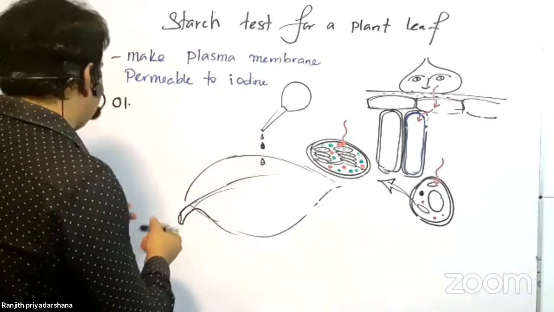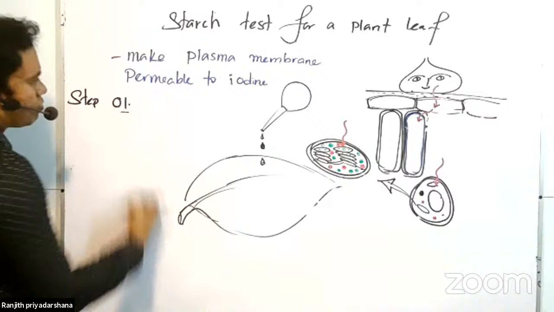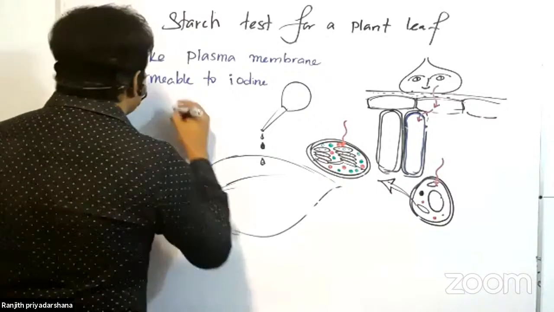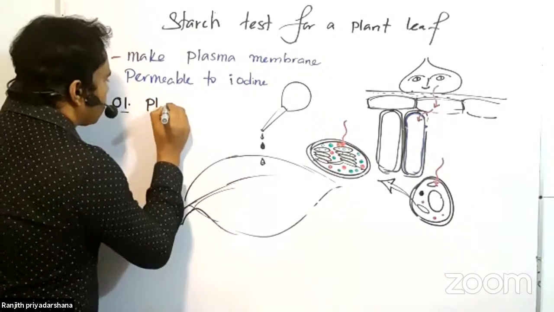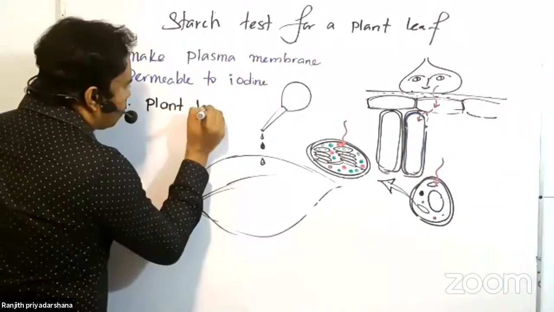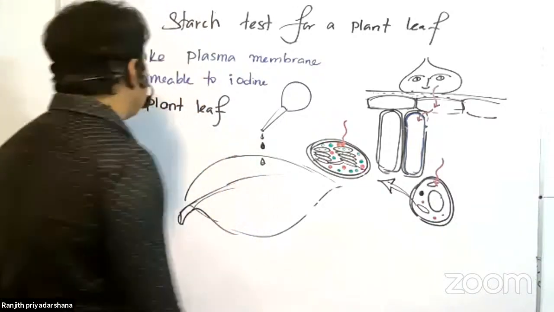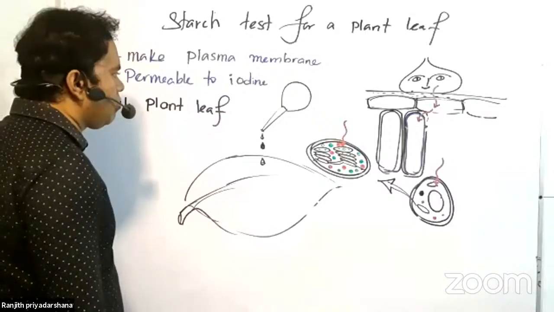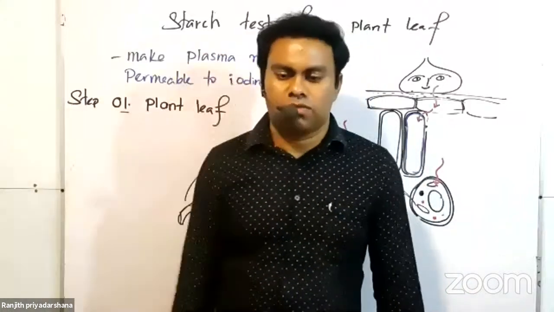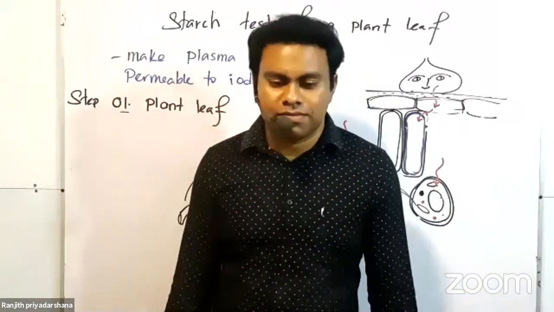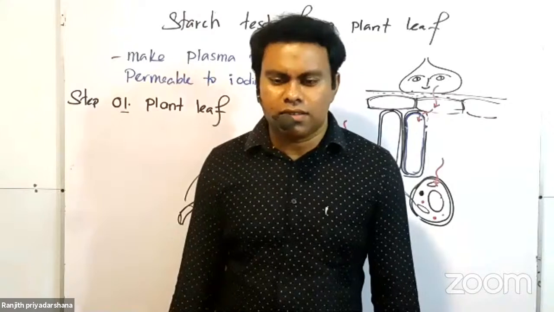So therefore, the first step: 1, plant leaf, plucked. What do we say for picking coconuts? Plucking.